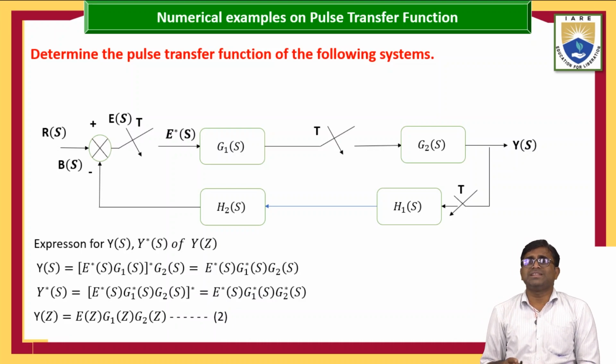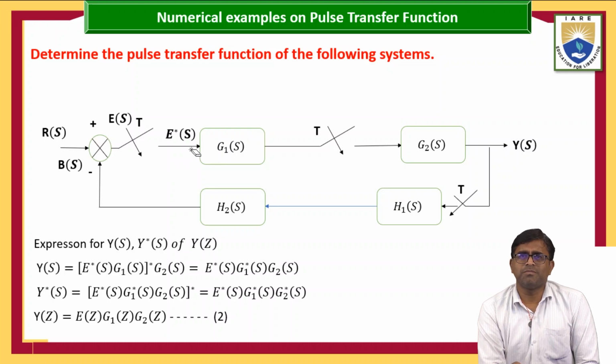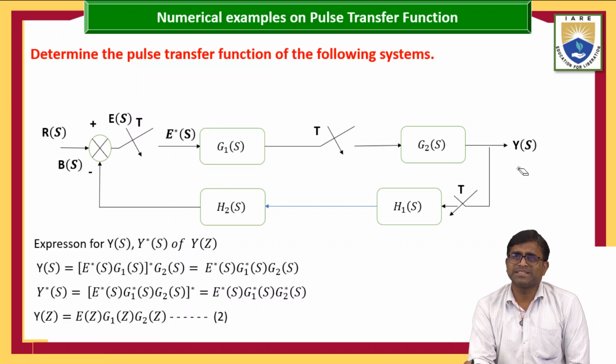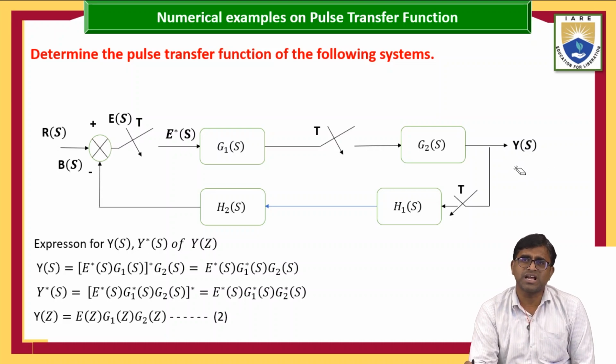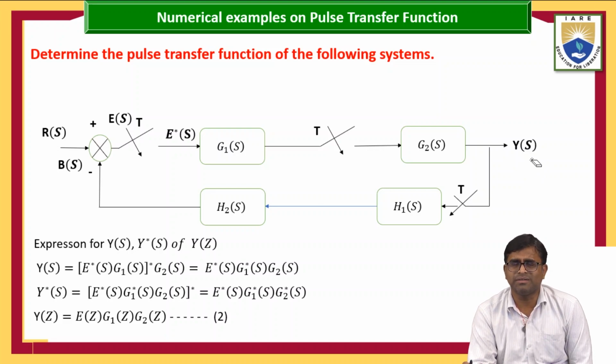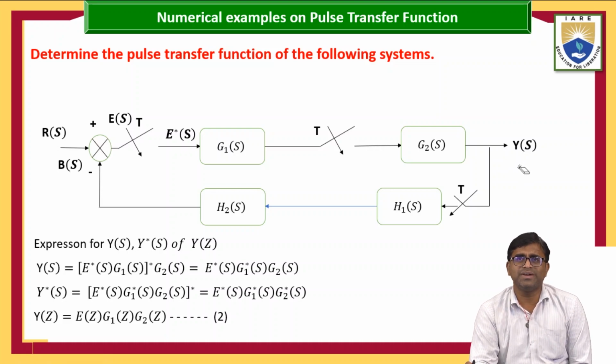Now coming to the next one, up to before the first forward block, we have seen that. Now I am going to the output Y of S. I will write the expression for Y of S, then apply the star Laplace, and then find the Z transform, Y of Z. So what is the Y of S formula?